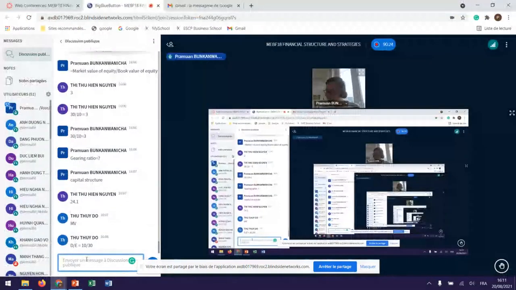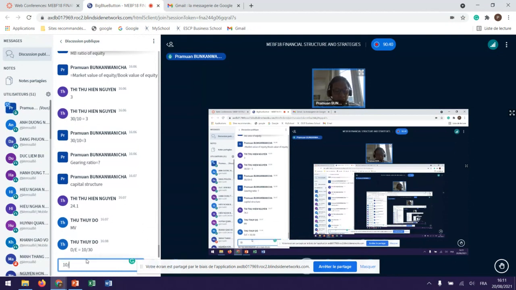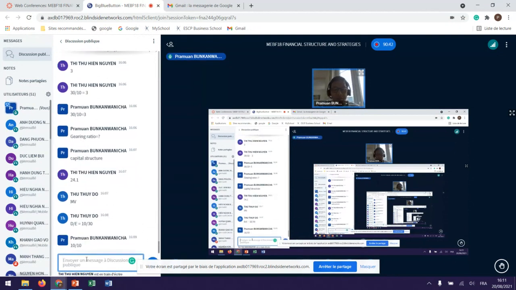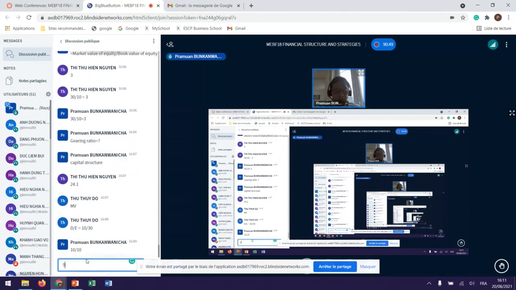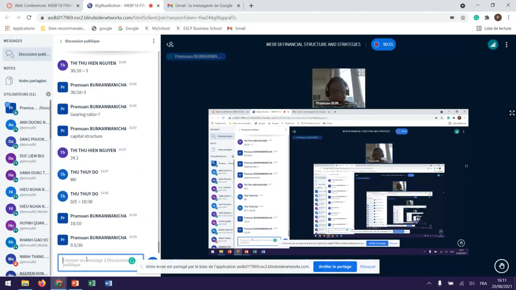So if you use the gearing ratio with everything based on book value, you have 10 over 10. If I use the market value of debt divided by market value of equity, the market value of debt is 9.5 divided by 30.